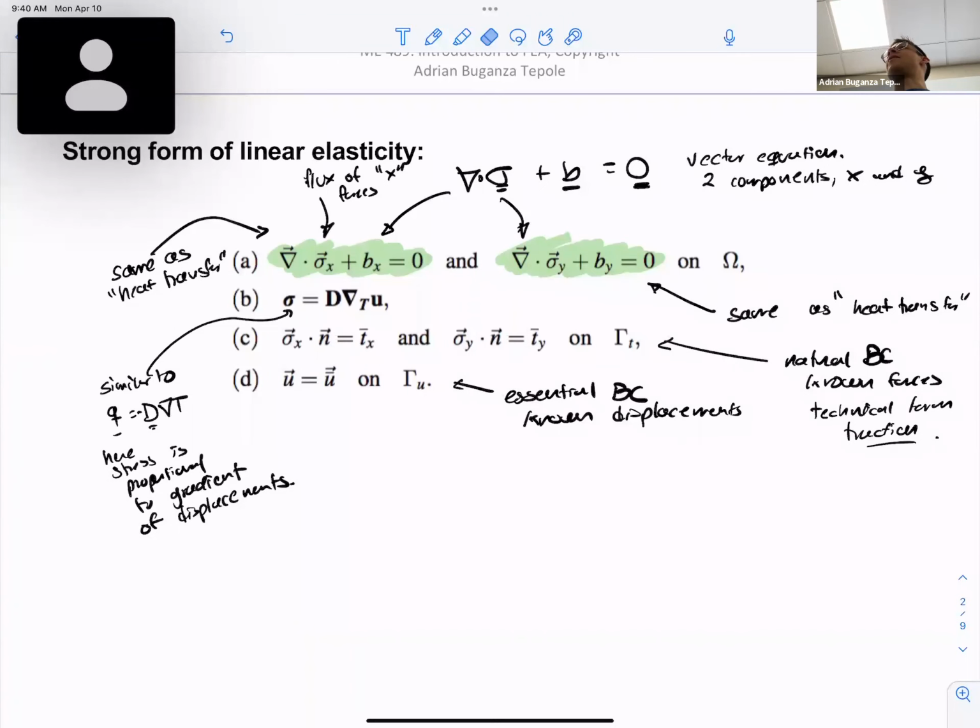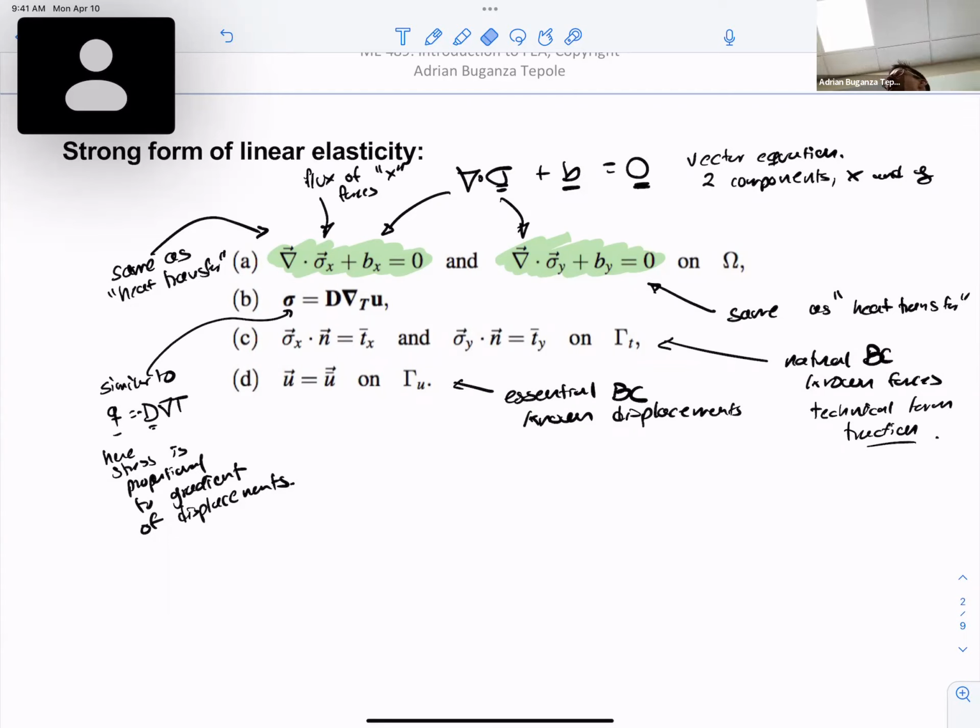All right. Now, as usual, Abaqus does not solve the strong form of the problem. This one is your PDE, and what Abaqus does is the weak form of that. How do we get the weak form of that? I'm not going to do the derivation for this one because it's a little bit more involved.